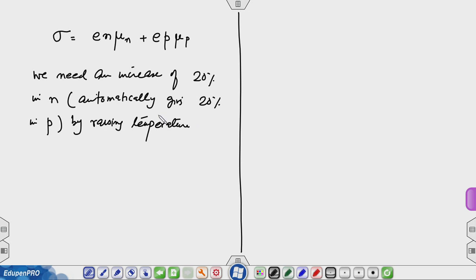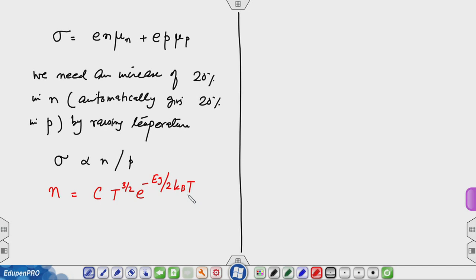So, what you want is that sigma, which is proportional to n or p, increases by 20%, so n should go up by 20%, and n is some constant times T raised to 3 by 2 e raised to minus E g by 2 kBT.